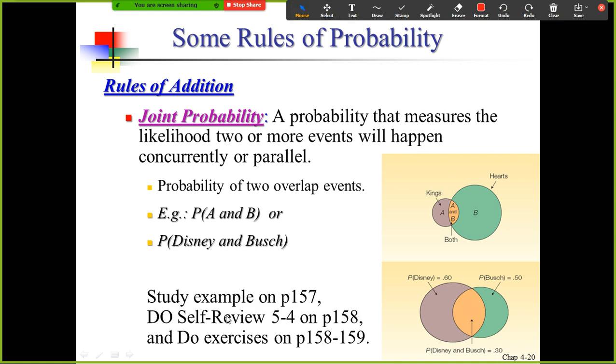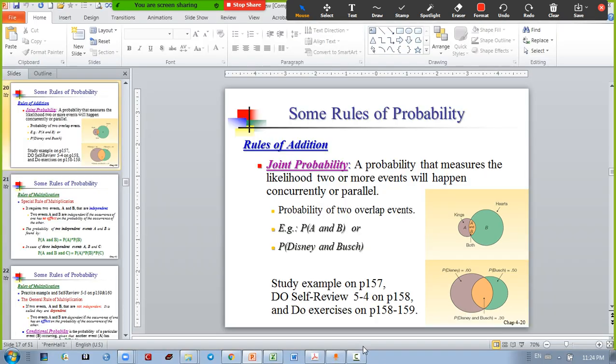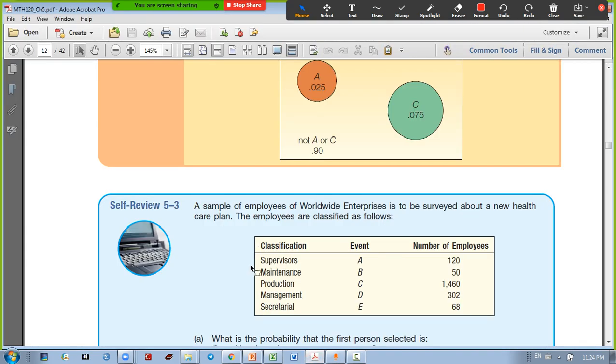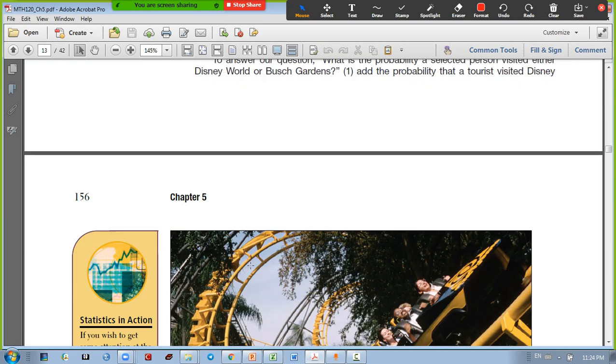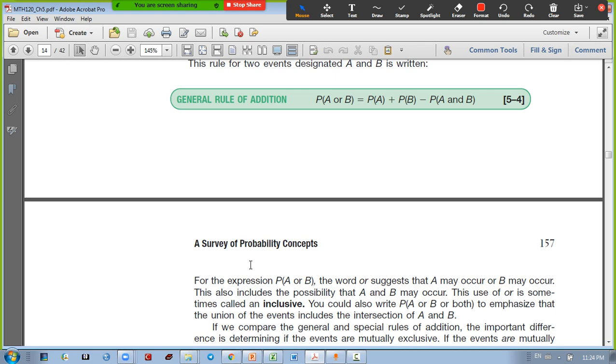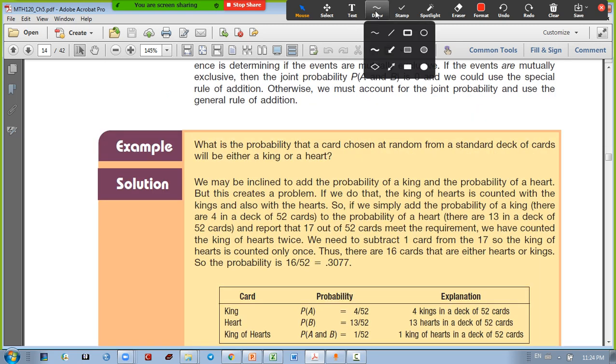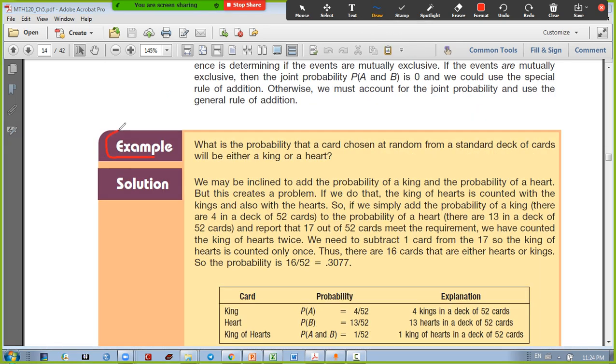Now going to your textbook, page 157, self review 5.4 on page 158, and exercises on pages 158 and 159. We can go to 157 first. You can see an example here. It also has a solution for you.